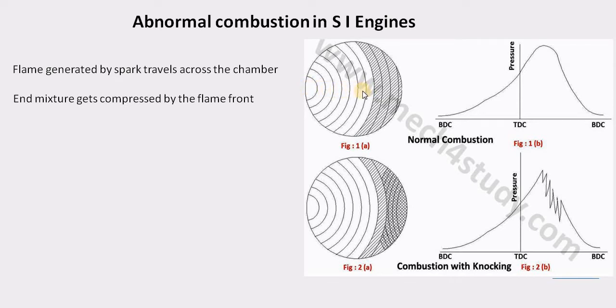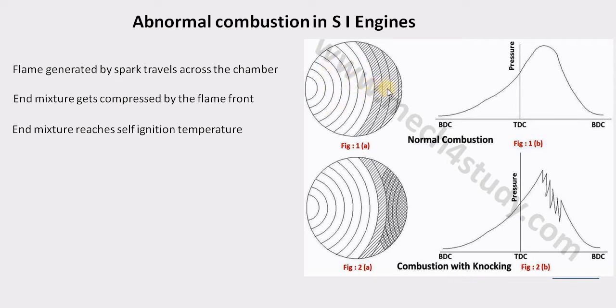So the flame is going to travel across, and as it travels throughout the mixture, this is your flame front. As the flame front goes on moving from this location towards the other end, here you have the unburned mixture, and on this side you have the burned mixture, that is products of combustion.